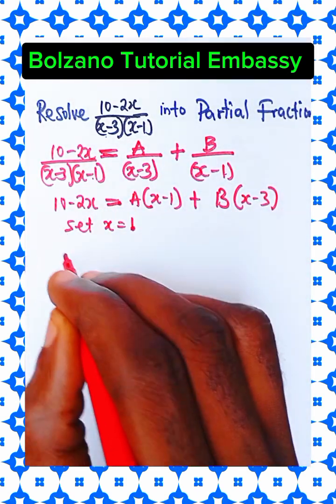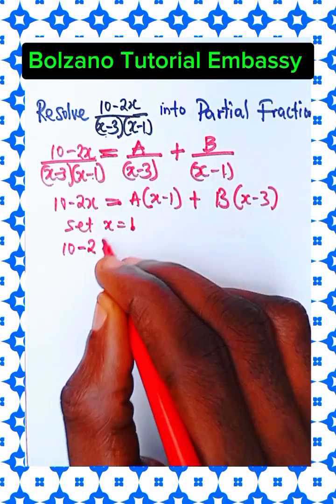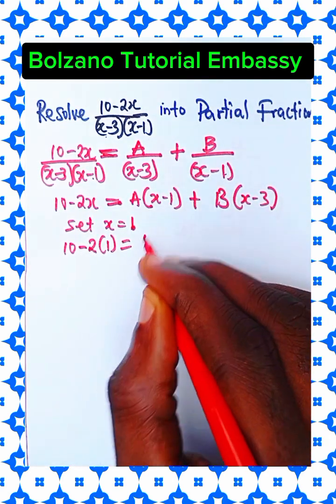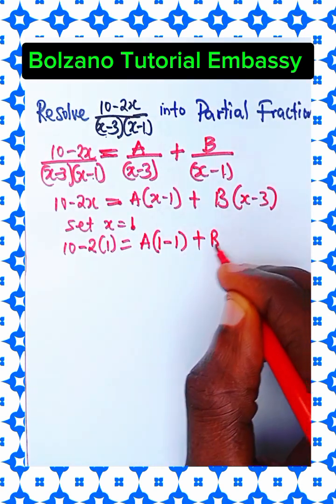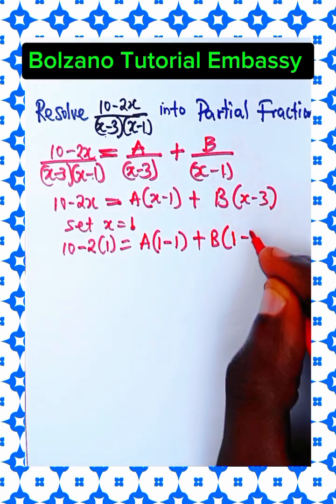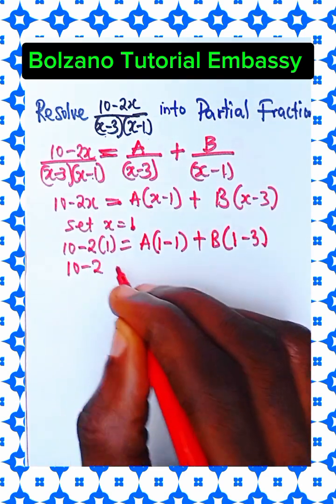So when x is 1, we're going to be having 10 minus 2, replace x with 1 here, equal to a times (1 minus 1) plus b times (1 minus 3). So this will give us 10 minus 2 times 1, which is 2.